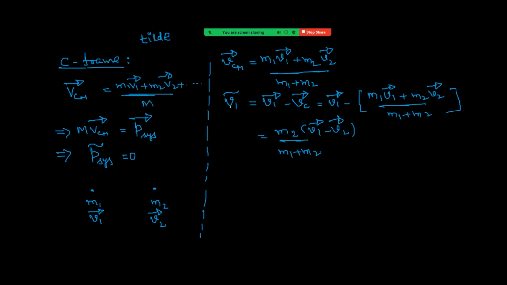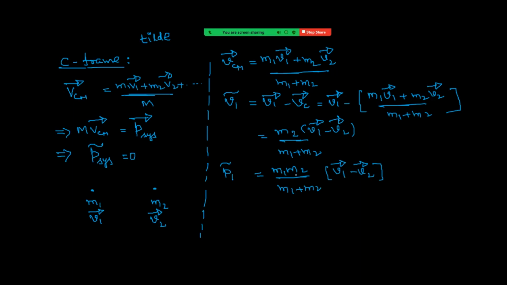Now multiply this with its mass. Then we get the momentum of the first particle in the center of mass frame. So P1 tilde is equal to, multiplying with its mass, M1 M2 upon M1 plus M2 into V1 bar minus V2 bar.